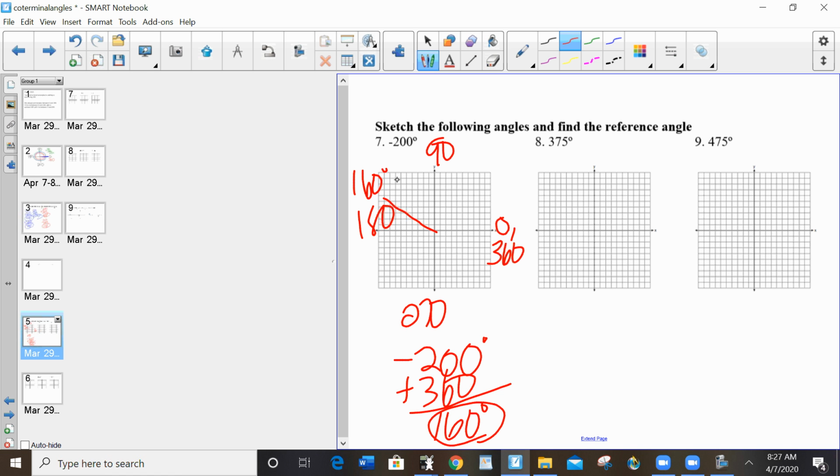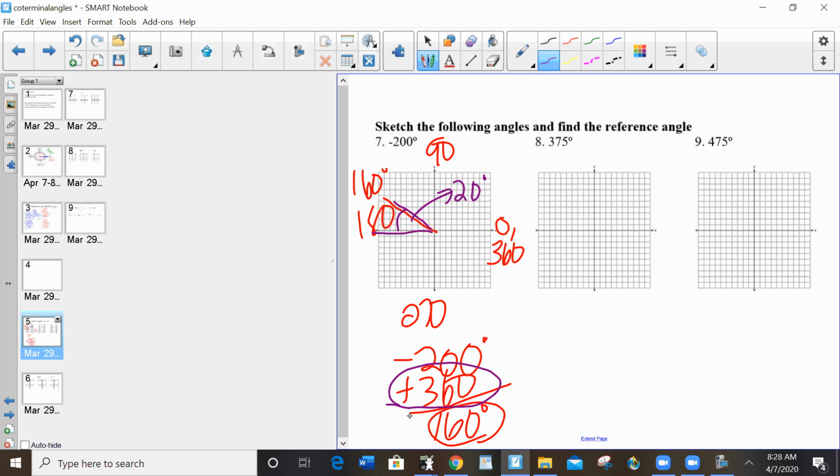Now, the reference angle we talked about yesterday is the acute angle between the x-axis and the angle. If this is 180 and this is 160, then that reference angle is 20 degrees. So again, to sketch an angle on the grid, it needs to be between 0 and 360. If it's not, then we're going to add or subtract 360 until it is.